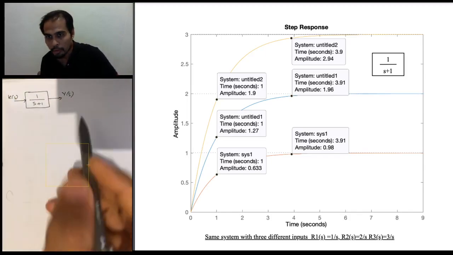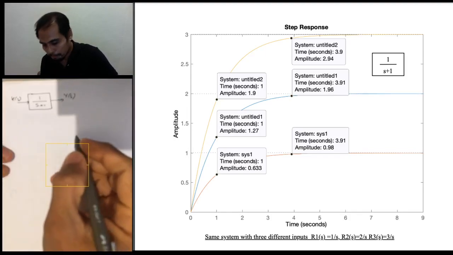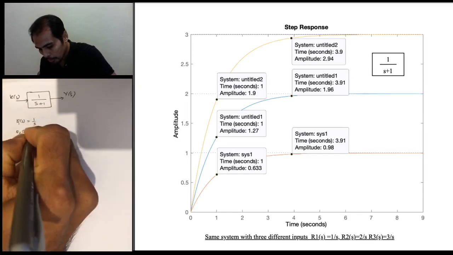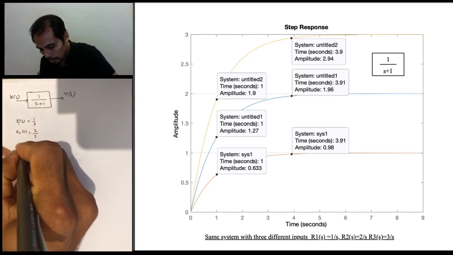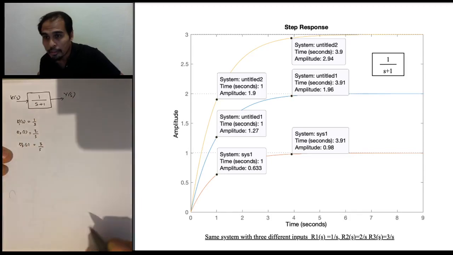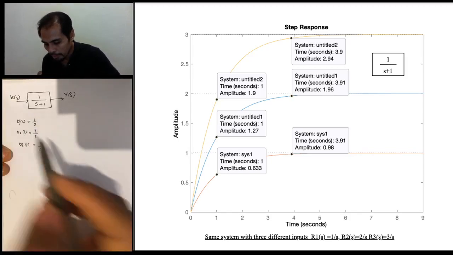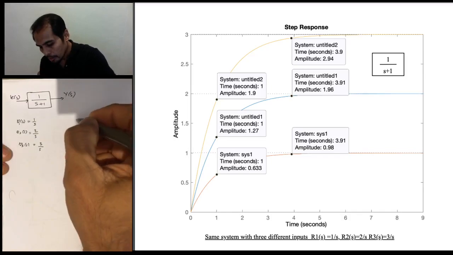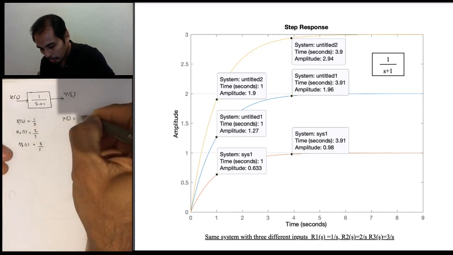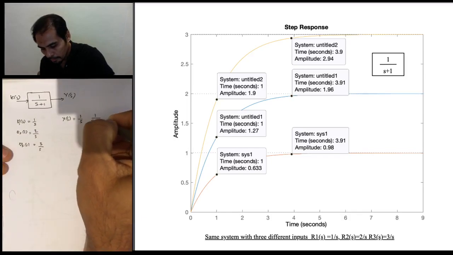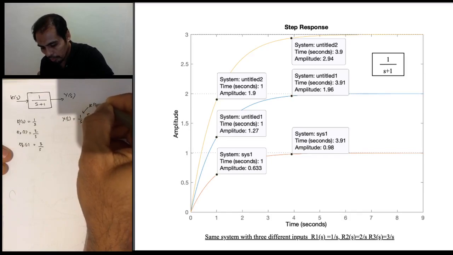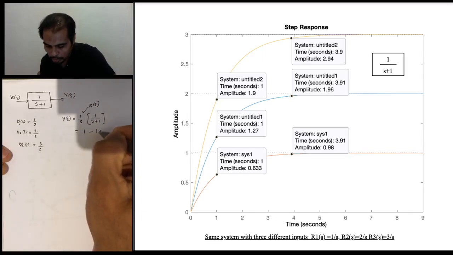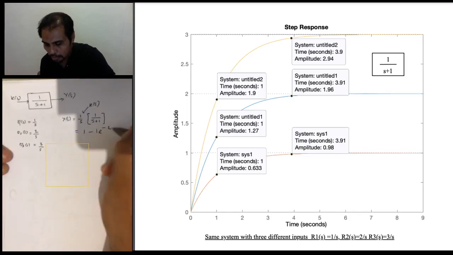Let me show you very quickly. We have three inputs: 1 over s, 2 over s, and 3 over s. We input these to the system, then see which parameters change. Y(s) will be 1 over s times 1 over s plus 1. So the response would be 1 minus e to the minus t.